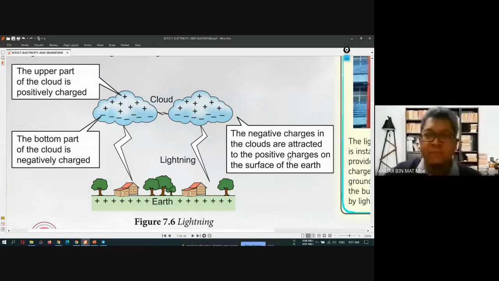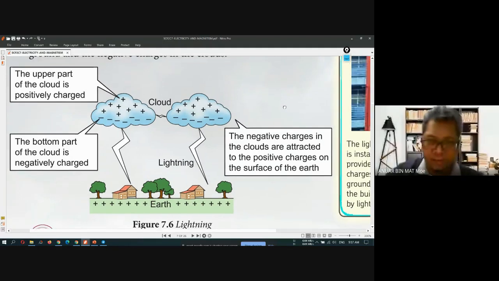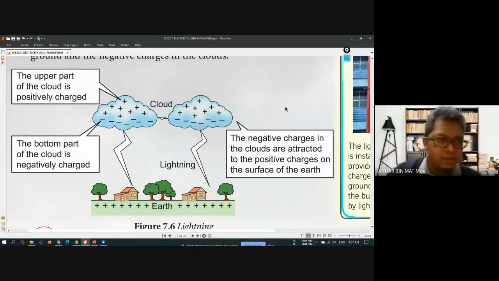If somebody is struck by lightning, it can kill the person. Can you understand this? This is one of the phenomena of electric charges in our daily life.